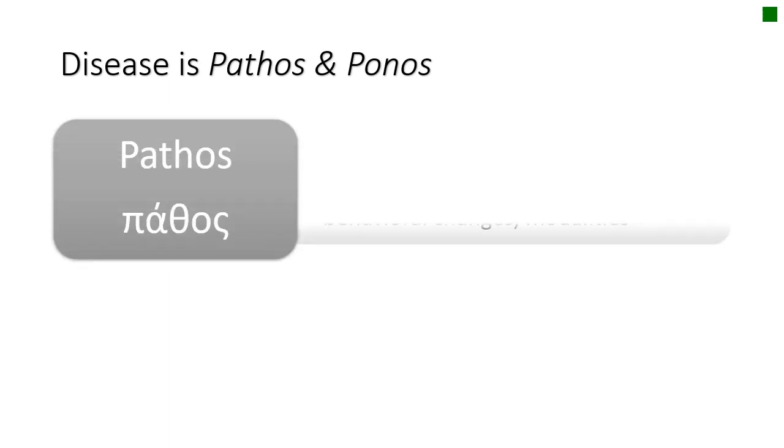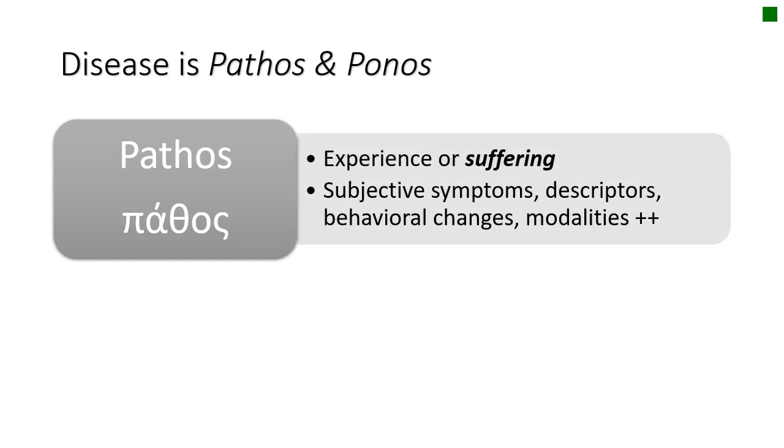Pathos is the experience that a patient or a person undergoes in a diseased state. It is also a description of the suffering. In other words, all the subjective symptoms, descriptors, changes in behavior, the modalities, like changing of posture or effect of the change of temperature, all these are something that are experienced or suffered by the patient.